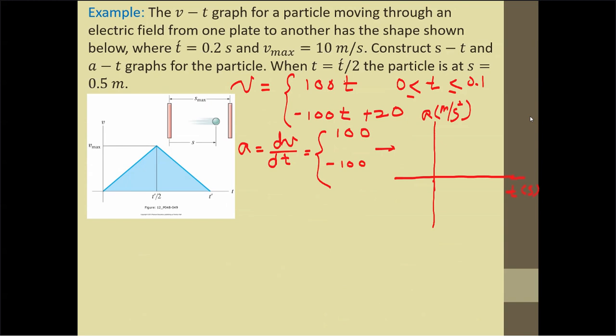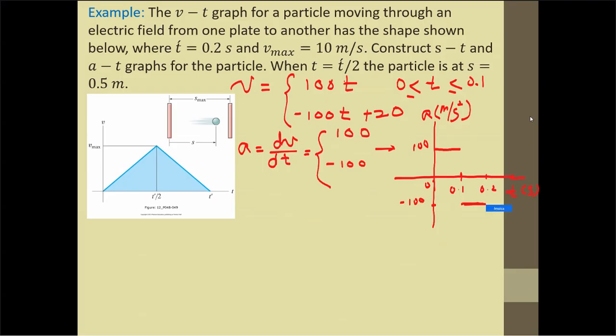Okay, then here is point 2. First time interval between 0 and 0.1, acceleration is 100. This is it. Second time interval between 0.1 and 0.2, negative 100.